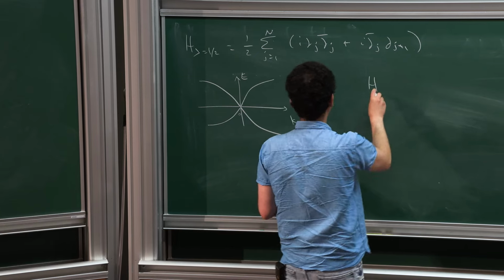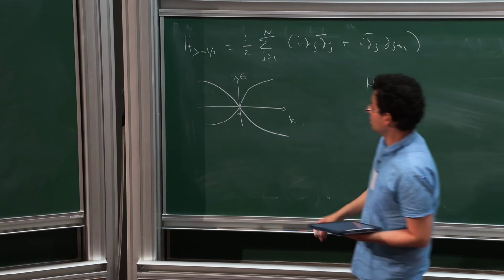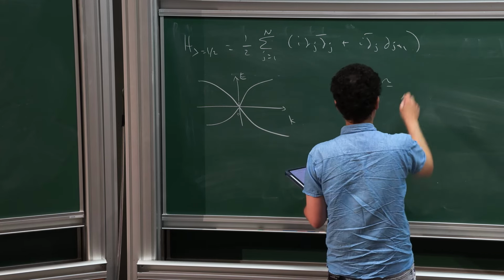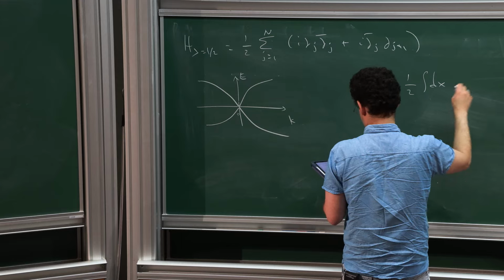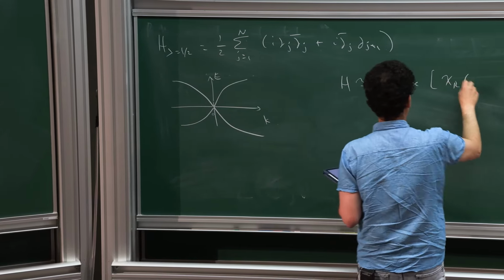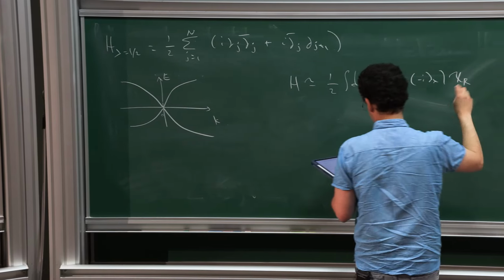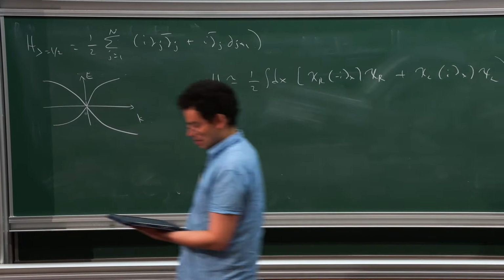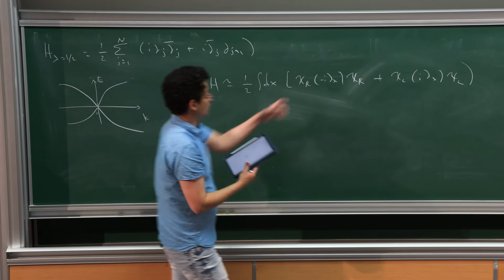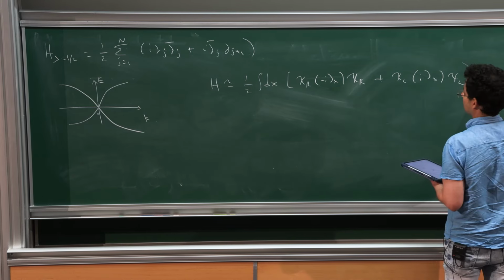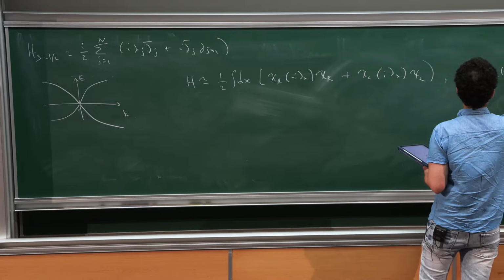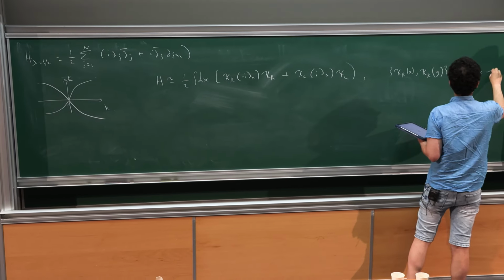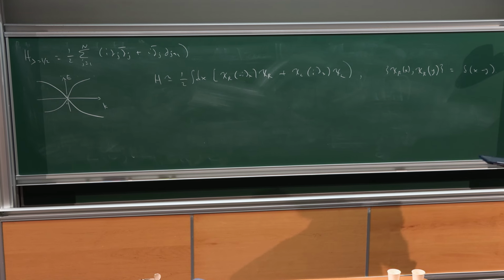And the Hamiltonian, if I take the continuum limit, which means I focus on the region near momentum 0 and energy 0, is written in terms of the usual one-dimensional Majorana fields, chi left and chi right, where chi right of x, chi right of y anticommutator is something like delta of x minus y.